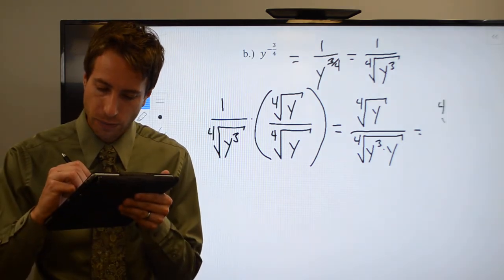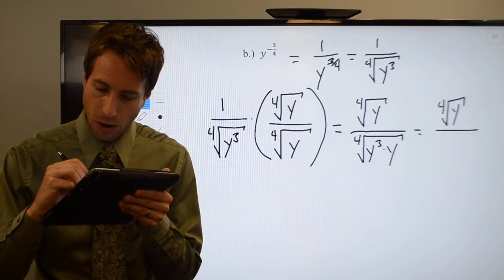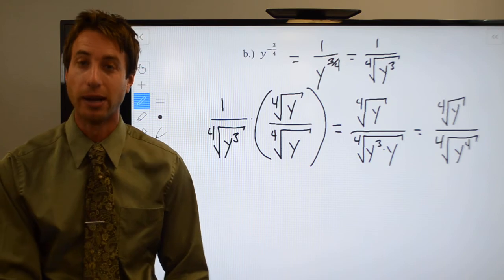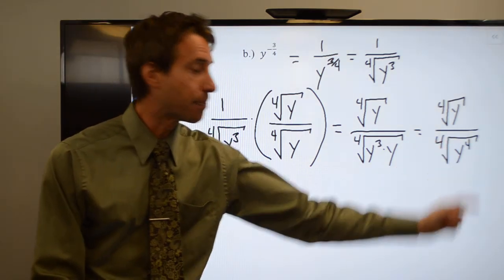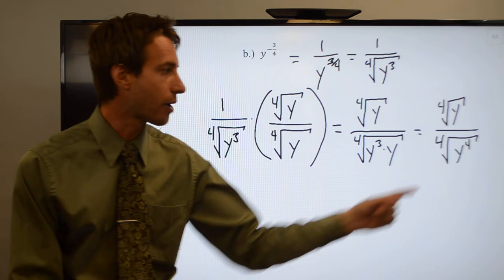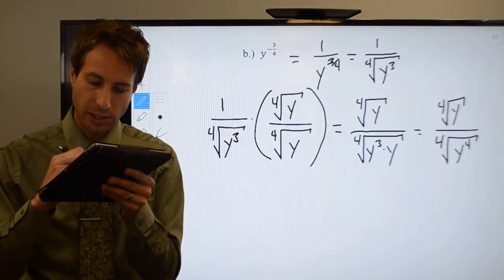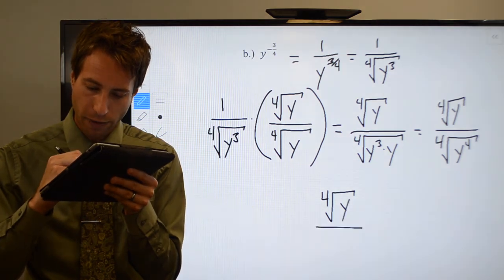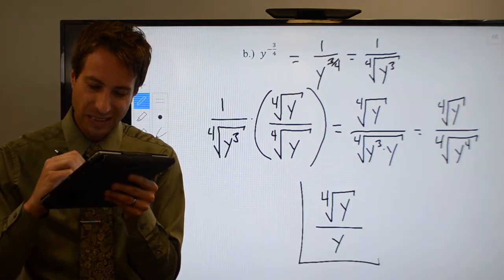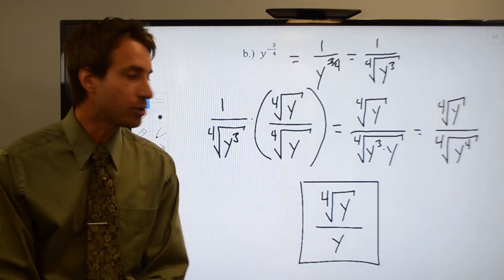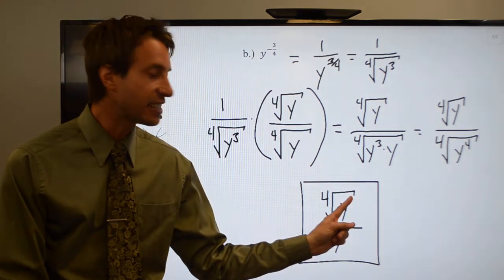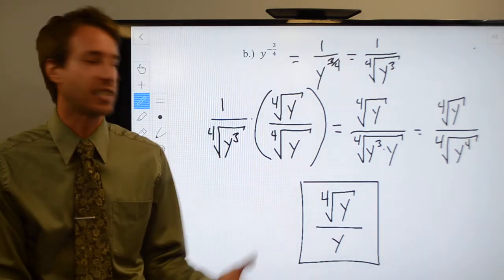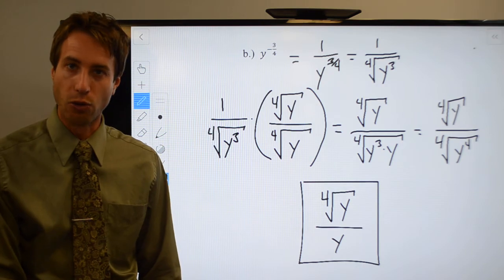So I have the fourth root of y in the top, all over the fourth root of y to the fourth power. What happens? Index and the power match, so they cancel each other out, and I'll be left with just a y in the bottom. So this whole thing simplifies to the fourth root of y all over y. There's nothing else you can do to that, since there is no way to rewrite this 1 as something divisible by 4. And so you're done here with the fourth root of y over y.